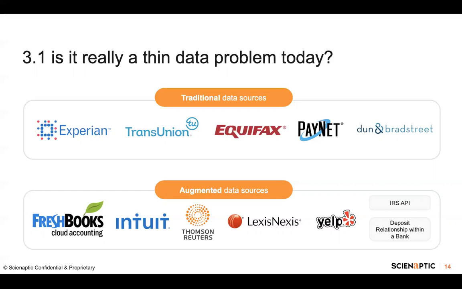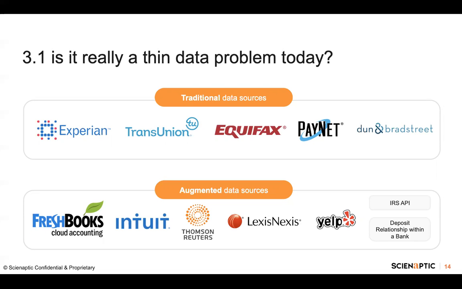And the last thing I want to highlight on the thin data problem, or lack of it, is the new APIs that banks are able to tap into. One is the IRS API. Most of you would be aware that in 2017 legislation was passed which mandated the IRS to open up an API for any small business owner, for example, who signs up to share this information with any lender.